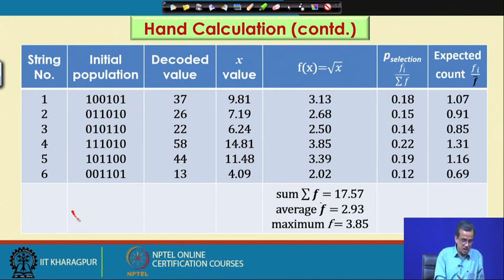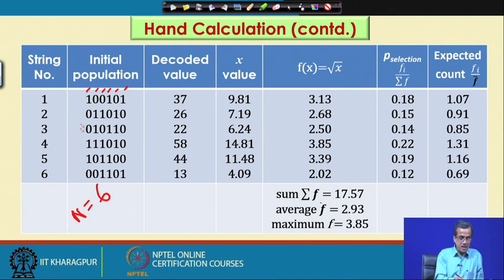That means n is equal to 6, and I am going to consider only 6 bits to represent the variable, that is 1, 2, 3, 4, 5, 6. So, 6 multiplied by 6, 36 bits are generated at random initially using the random number generator.